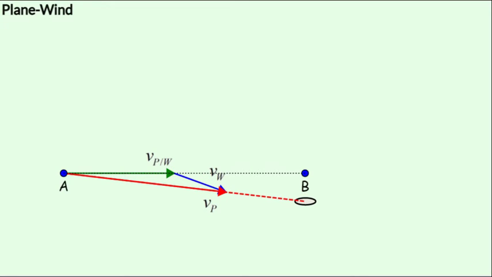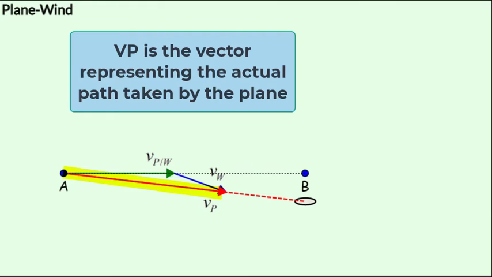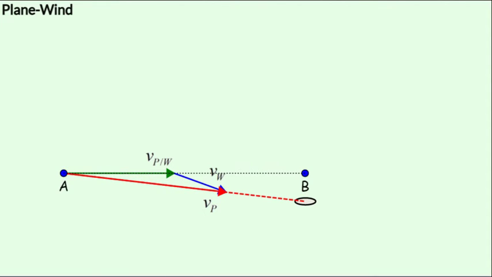In this scenario, the plane will drift away from its destination, which was point B, and the plane which heads out from A to B ends up traveling along the vector Vp, and this is the direction as seen by a stationary person. Now let's look at this mathematically.